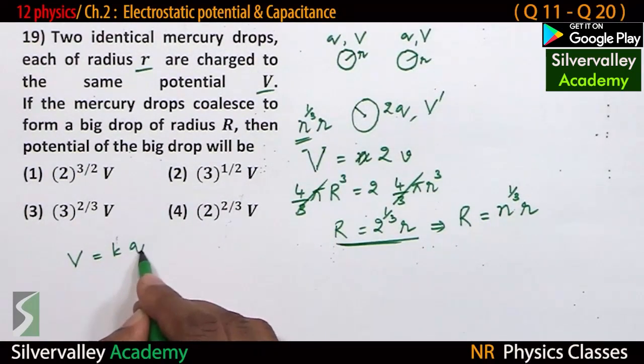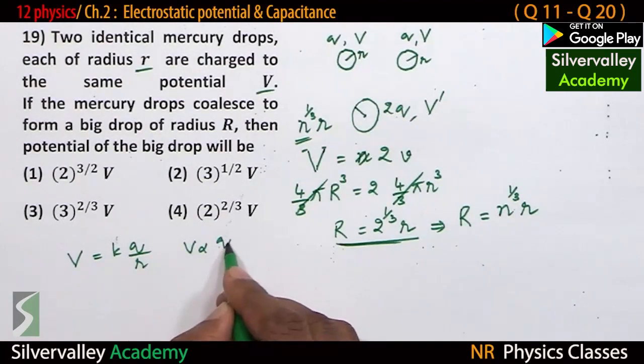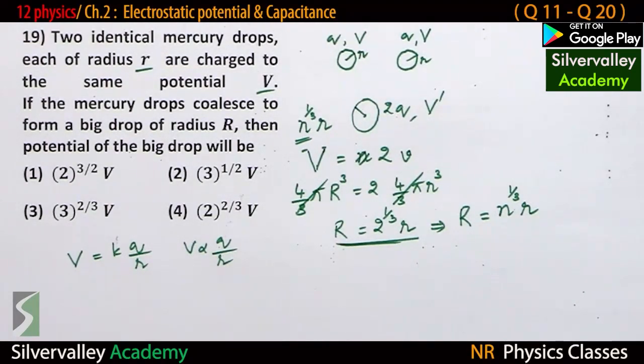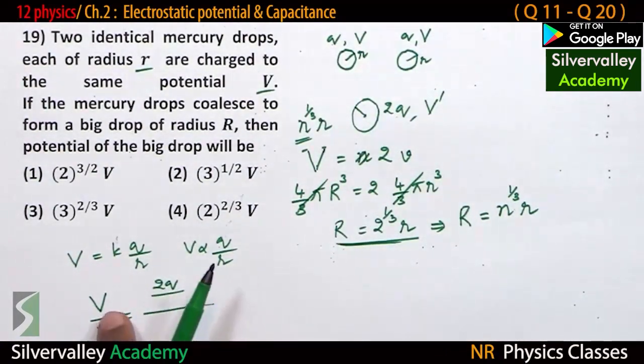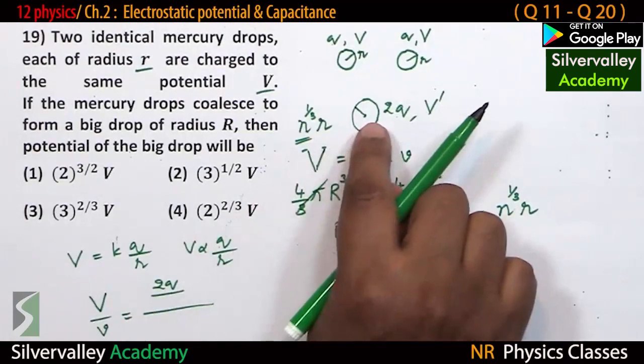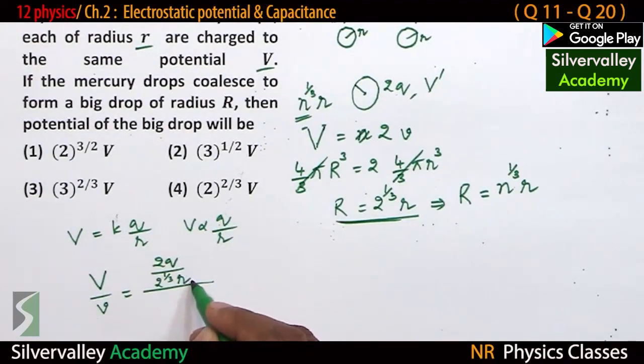constant Q by R. Our potential is proportional to Q by R. Potential of bigger drop by potential of smaller drop equals, for the bigger drop, total charge is 2Q because Q are combined. Radius of bigger drop is 2 cube root into r.